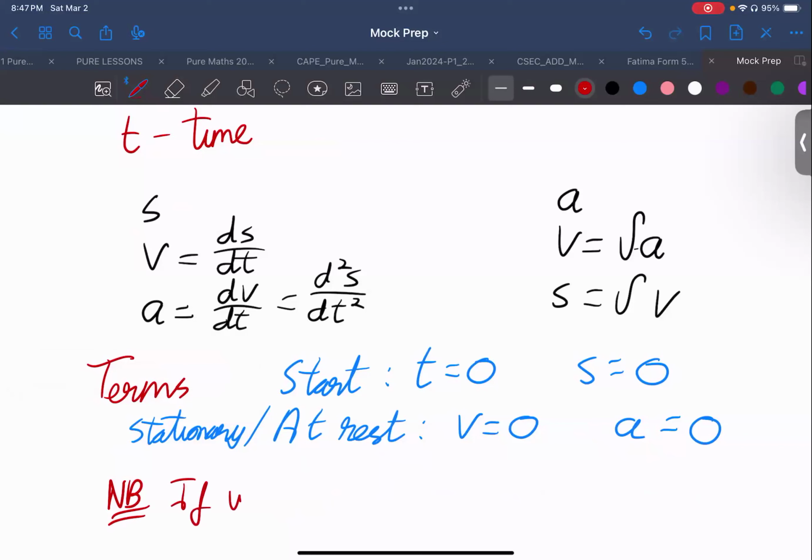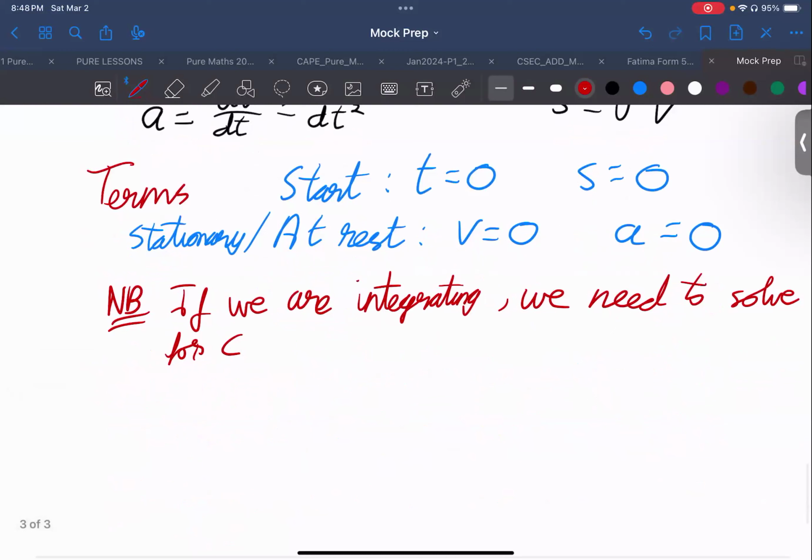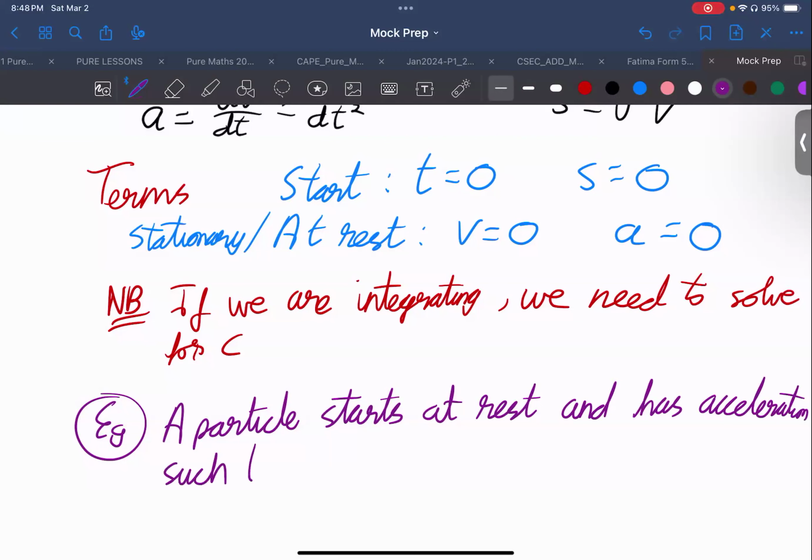If we are integrating, we need to solve for C. So for example, if I have a particle that's at rest and has acceleration such that A is 3t squared plus 2.